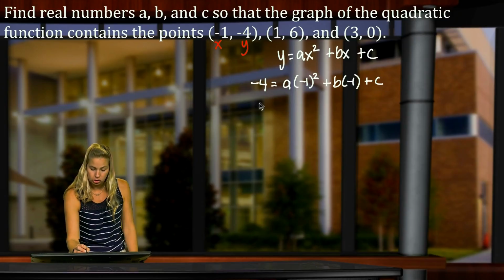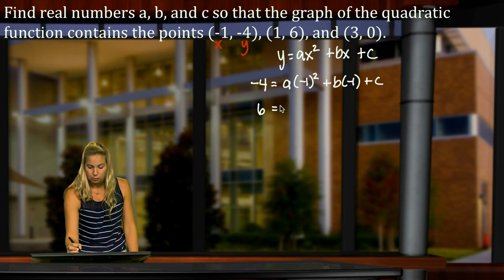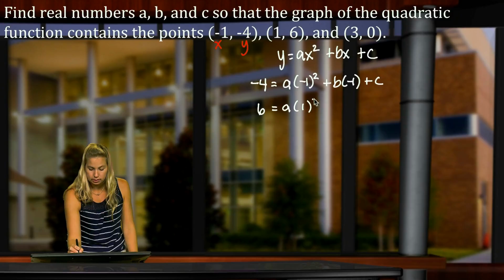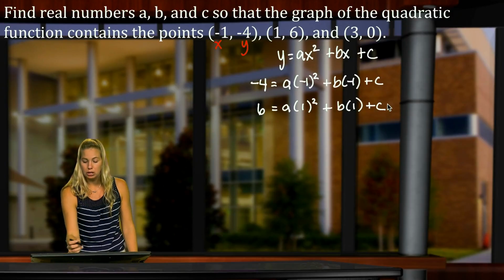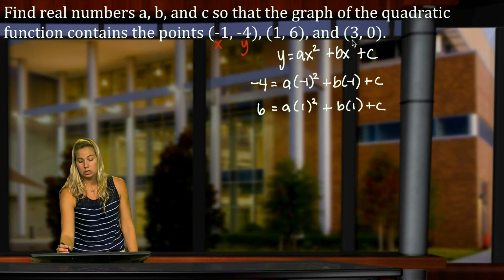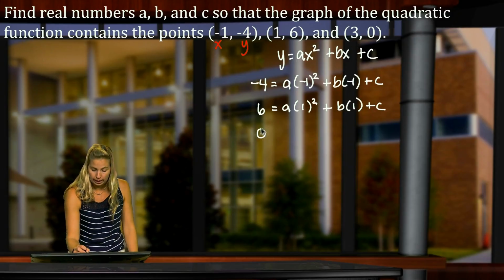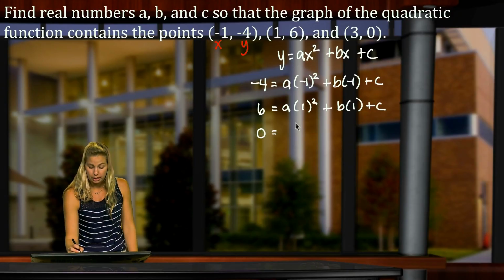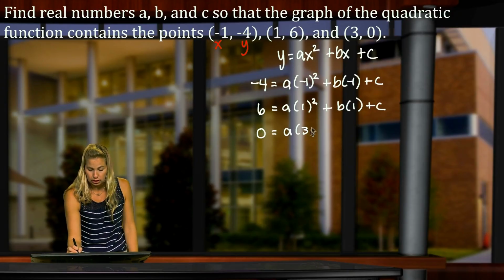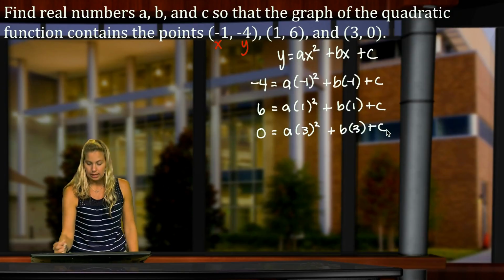Our second equation, 6 equals a times 1 squared plus b times 1 plus c. We use that ordered pair 1, 6. For our third equation, we're using the point 3, 0. So y equals 0 and x equals 3. A times 3 squared plus b times 3 plus c.